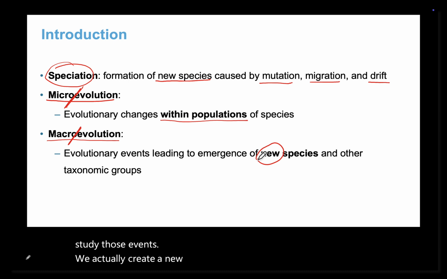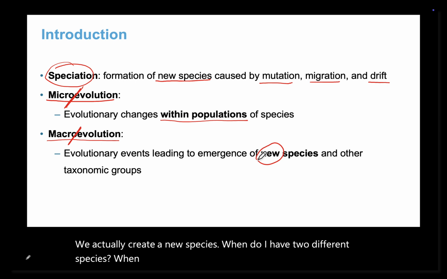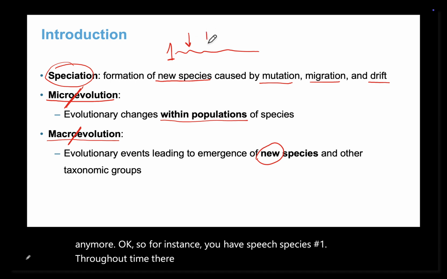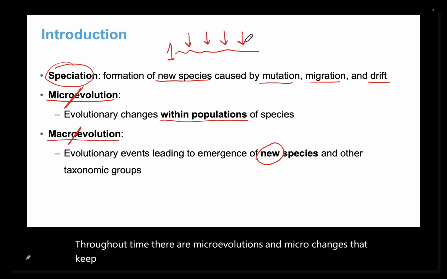When do I have two different species? When those individuals are not able to reproduce anymore. Okay? So for instance, you have species number 1. Throughout time, there are microevolutions and micro changes that keep happening with that species.